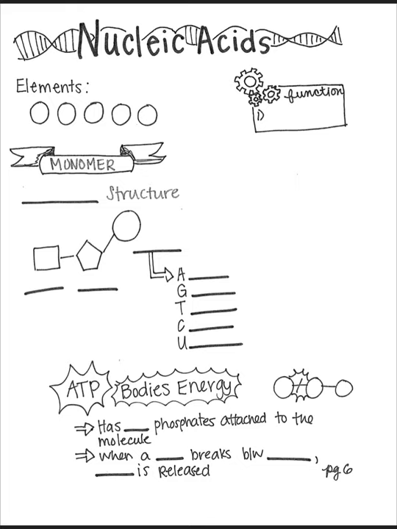So, nucleic acids. There are several different elements to them. I bet you can guess at least one of them's H, one of them is C, and one of them's O. CHO. Then we have nitrogen and we have phosphorus. Just like I told you guys earlier, phosphorus does exist in nucleic acids and sparingly in some lipids.